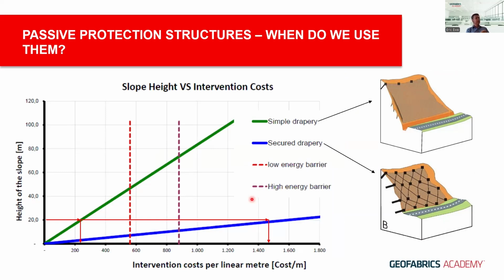And it is very clear from these two approaches, the simple drape and anchored drape, that as the height of the slope becomes taller and taller, the cost is proportionate to the height of the slope. If you can design a passive protection structure intercepting the falling rock at the right location, then the cost of intervention stays the same, regardless of the height of the slope.